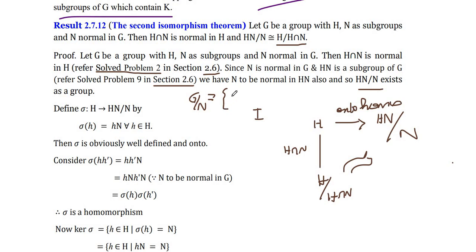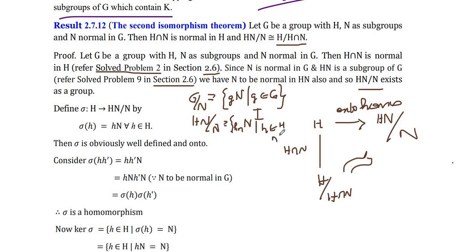If we follow left coset representation, this is how we write gN, where g ranges over capital G. So this is the representation of any element in G mod N. Likewise, if we consider HN mod N, whatever I write to the left of N should be from HN. But we know that any element in HN is of the form small h, small n, where small h ranges over capital H and small n ranges over capital N.